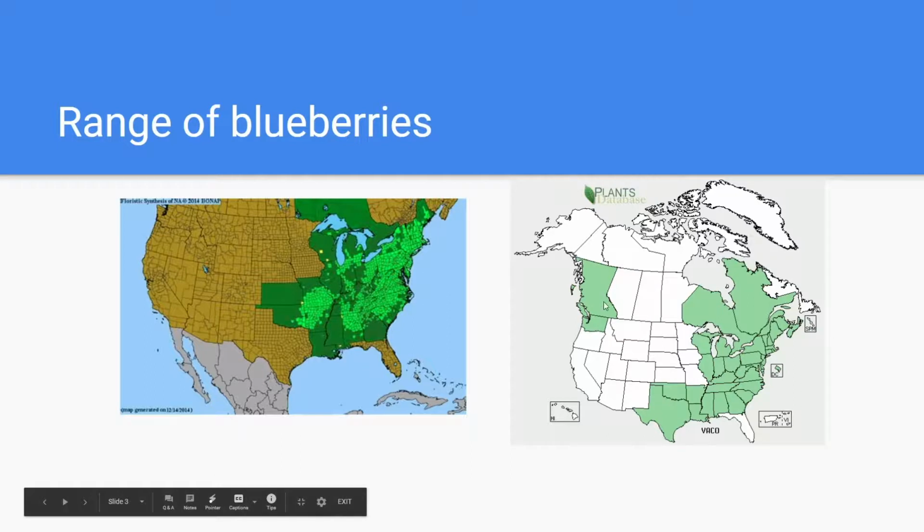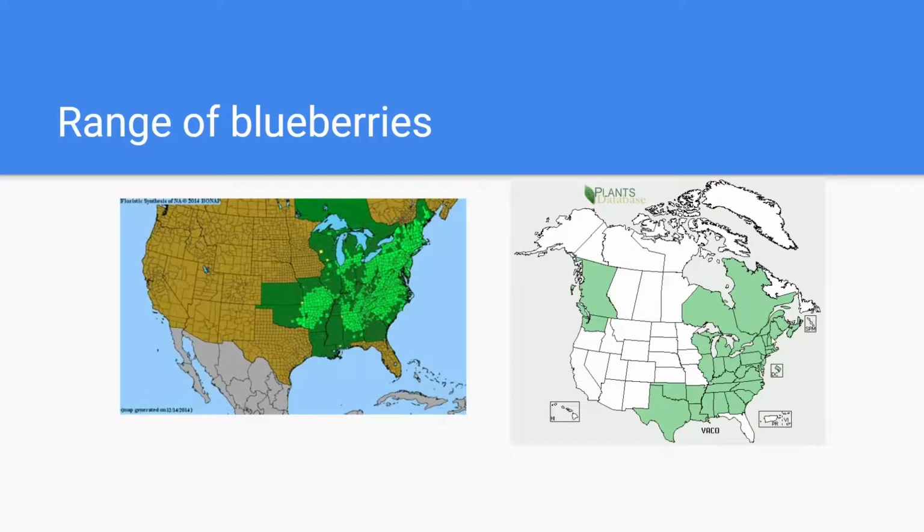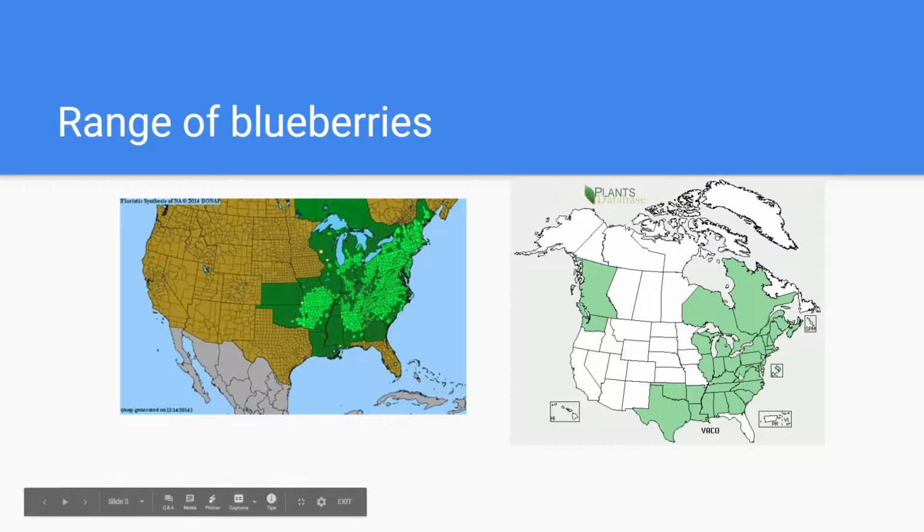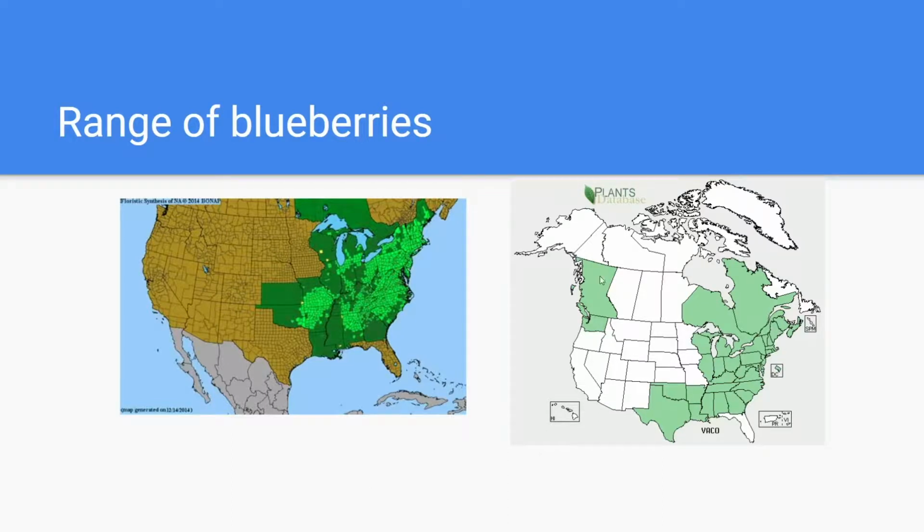That is why we'll see them in places such as Washington and British Columbia, and Maine, New Hampshire, Vermont, Massachusetts, and such, along with Quebec. Wild low bush blueberries grow like crazy in these regions. They can spread to these other regions in green that we see, but they are just not nearly as common as they are in these humid highlands that we find in BC and Washington and the northeastern United States and Canada. That is where blueberries grow best.